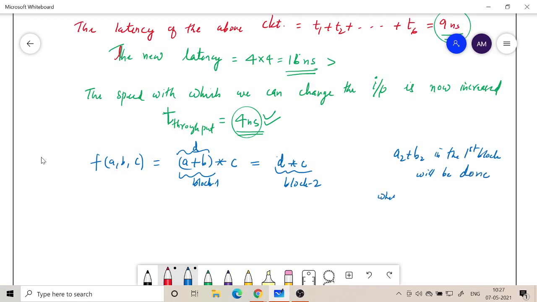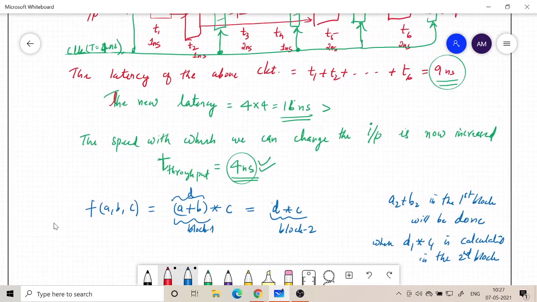Okay, this is the essence of pipelining. So we have a process to be performed which has multiple steps in it. We divide it block by block, and only if the first thing is calculated, the second thing can be done.